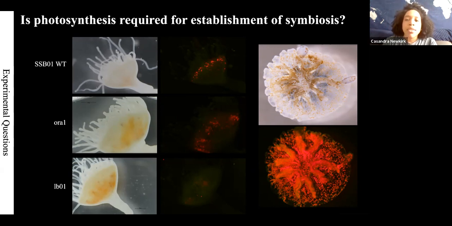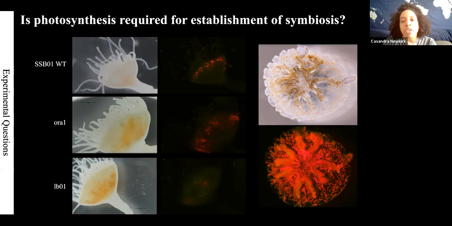So what we did is we took our SSBO1 wild type cells, our Orange 1 mutant and our LBO1 mutant, and we introduced them to a subset of aposymbiotic Cassiopeia polyps. What we found here, in the middle panel, you can see all these red dots.